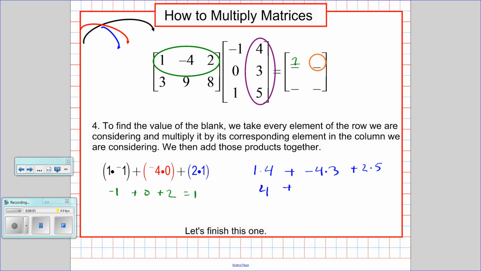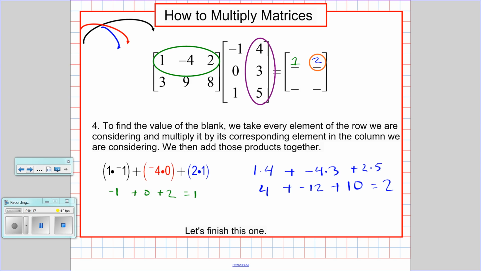Multiply all that out. 4 plus -12 plus 10, and we get 2. That's our top right answer blank.